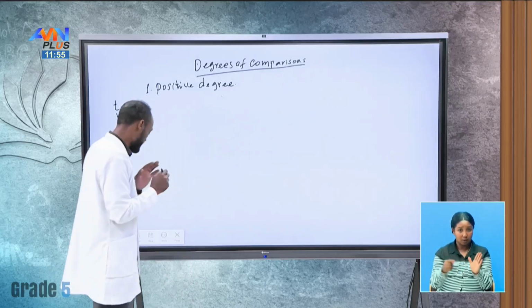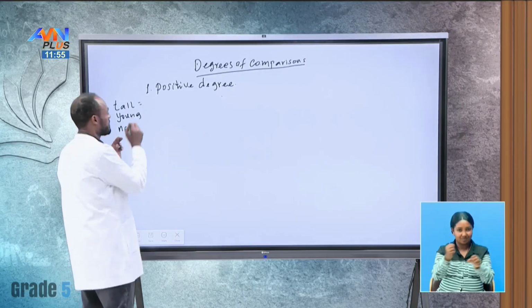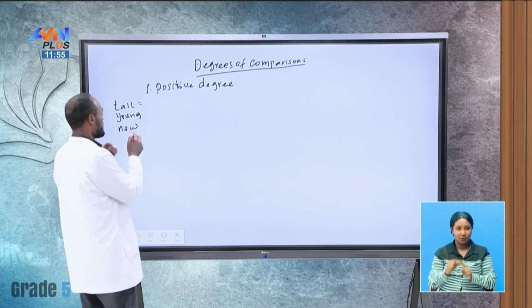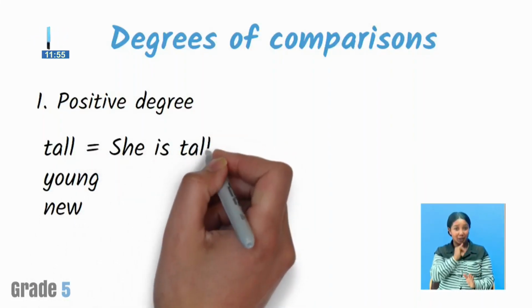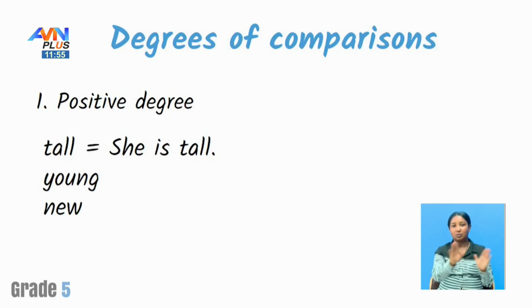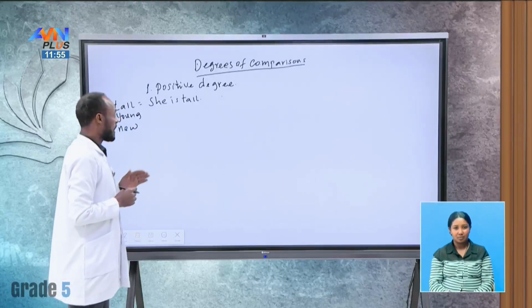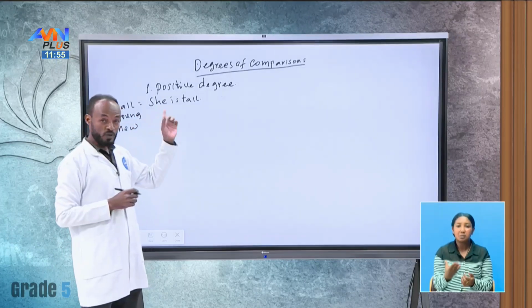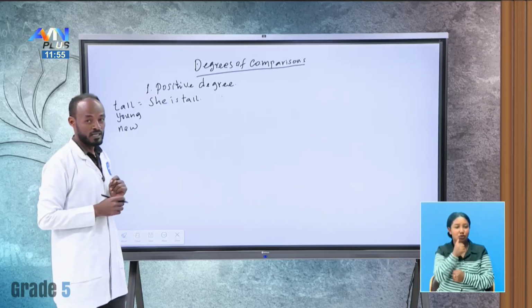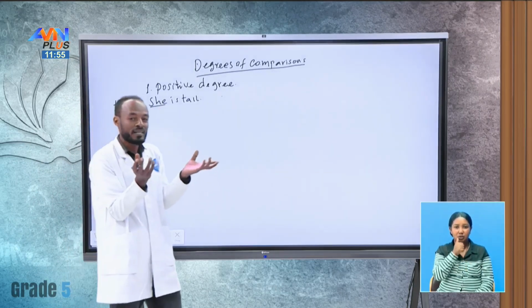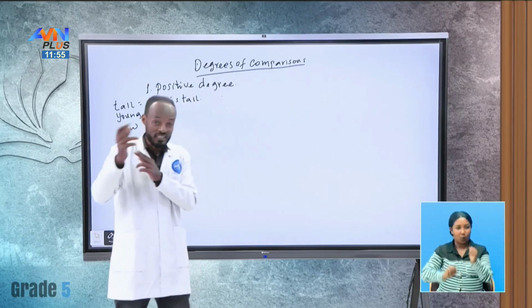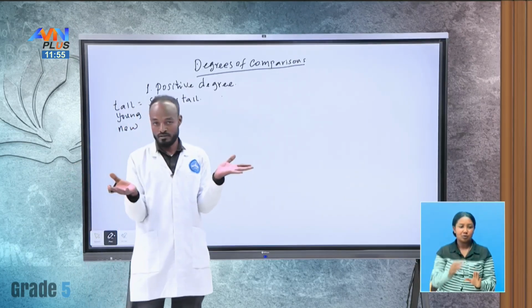For example, here we can make a sentence using these words. Example, she is tall. How many persons are here? We have only one person, okay? She. So we are not comparing her with another person or with another student.